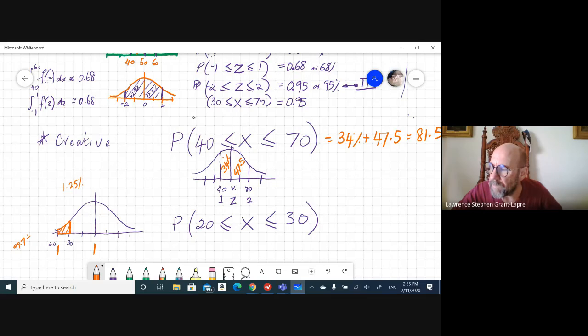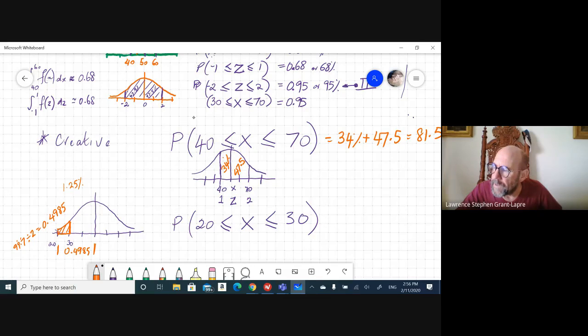99.7 divided by 2 is 0.4985. So that is an area of 0.4985.